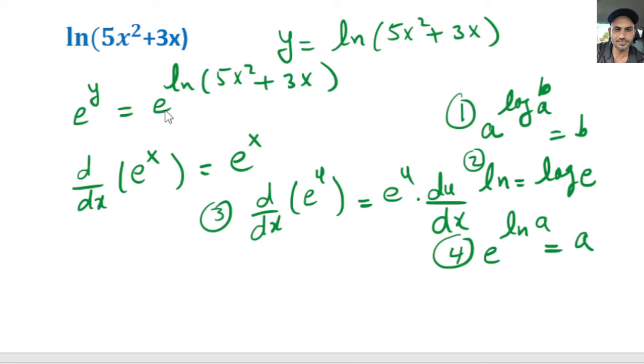So e to the y equals e to the ln of 5x squared plus 3x. For this portion, we can use the identity e to the ln of a is equal to a. So e to the ln of 5x squared plus 3x is then just 5x squared plus 3x.